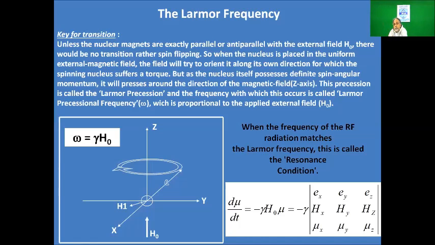This precession is called the Larmor precession, and the frequency related to this is called the Larmor frequency omega, which is equal to gamma H0. So this gamma is a characteristic property of the nucleus itself, and this H0 is the characteristic property of the external magnetic field, and the Larmor precession depends on them. So once again, the nuclei are very important and also the magnetic field.